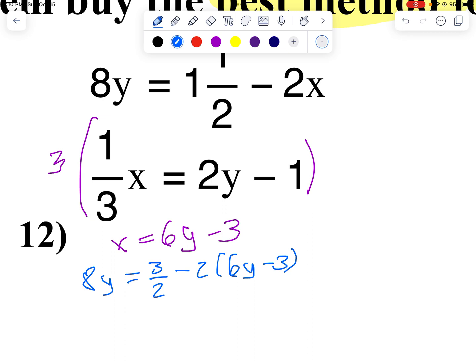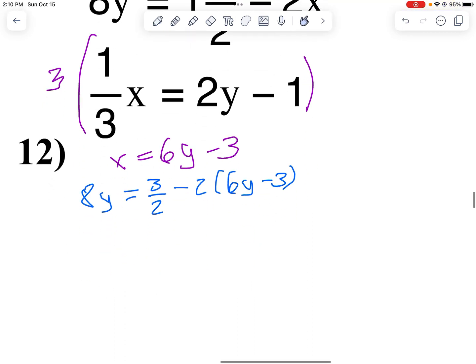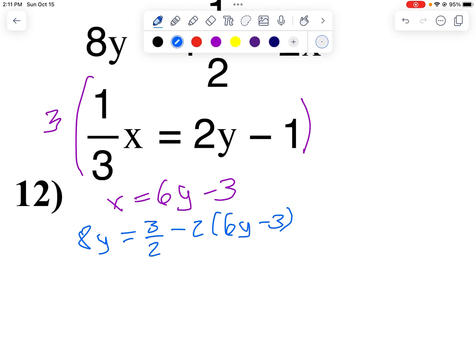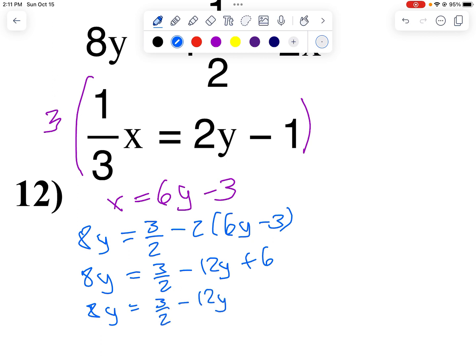Well, let's simplify that a little bit more. So I get 8y equals 3 halves minus 12y plus 6. And I can combine my 3 halves and my 6. That's not such a bad fraction. I'm going to rewrite my 6 with a denominator of 2. So I get 3 halves minus 12y plus 12 halves. 12 divided by 2 is 6.